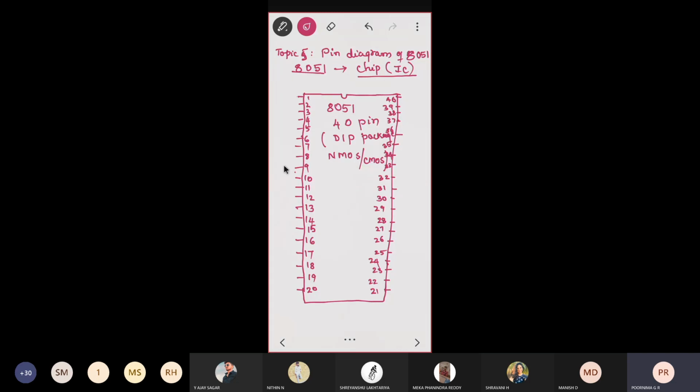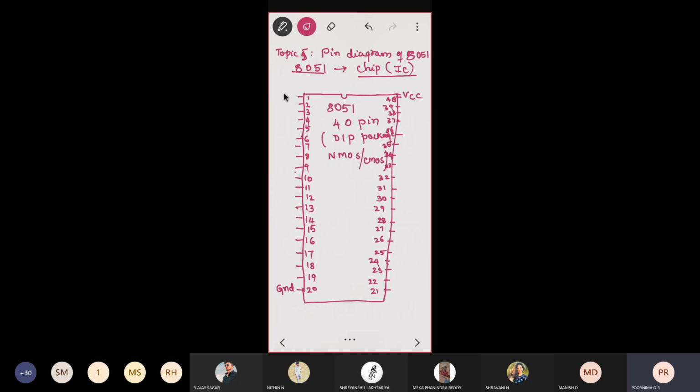Then what each pin represents. In any IC you take, the left top corner down is ground, and the rightmost top corner is the VCC pin, VCC and ground. What are the rest of the pins?